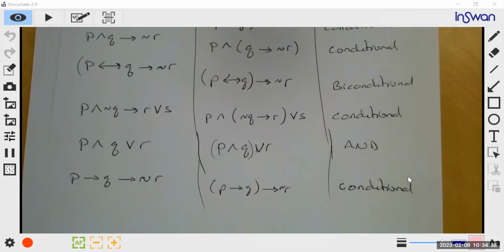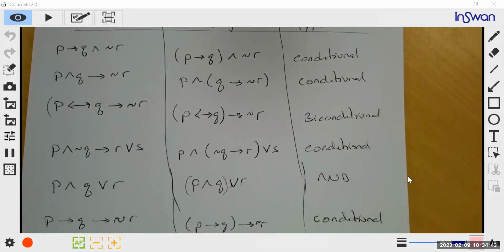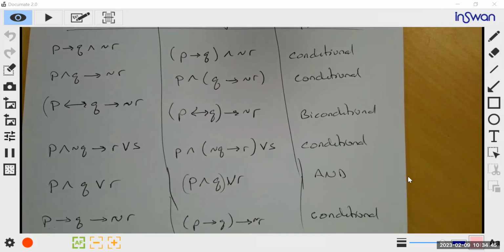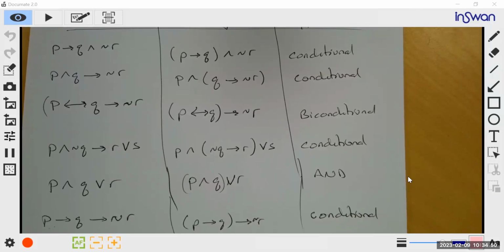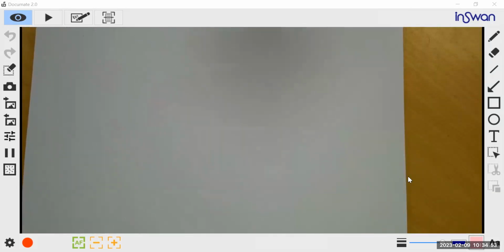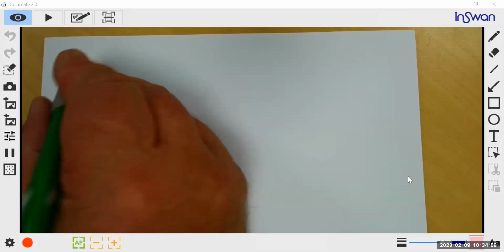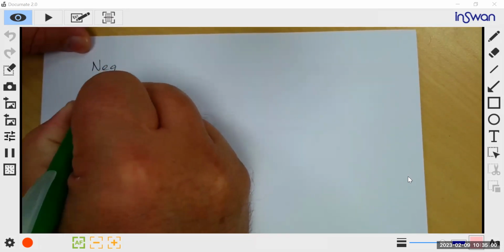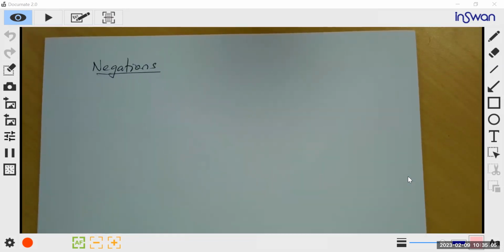Are we finished writing this stuff? Now let's look at negations. We've talked about negations of quantified statements.